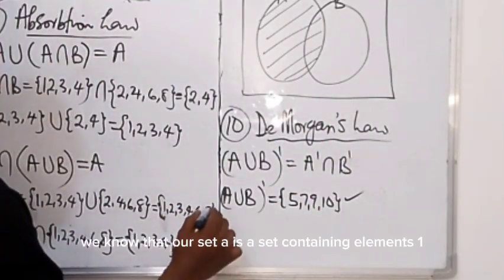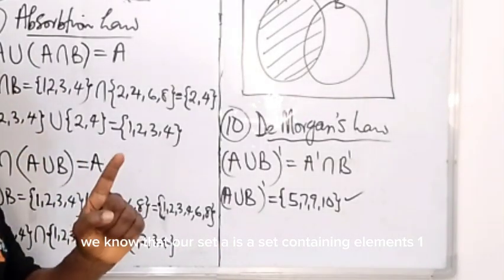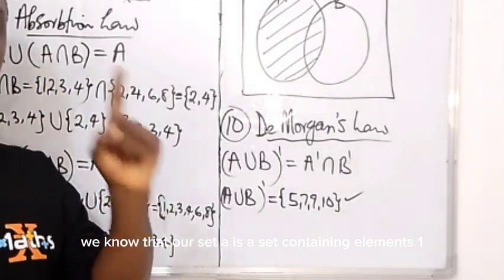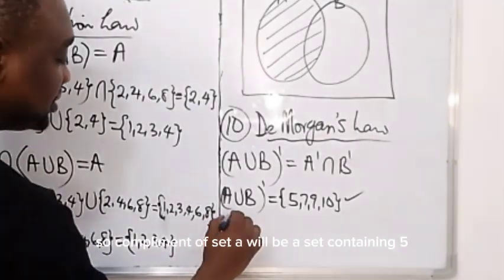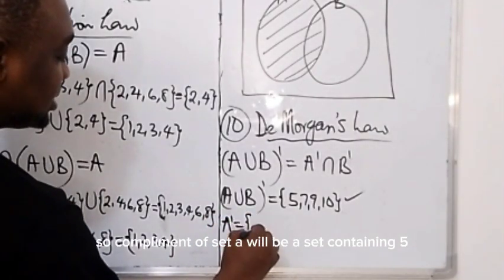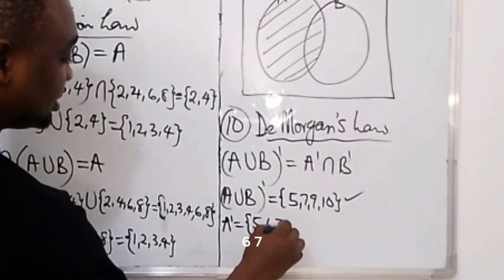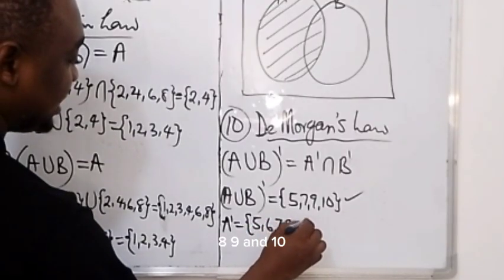So first of all, we know that our set A is a set containing elements 1, 2, 3, 4. All right. So the complement of set A will be a set containing 5, 6, 7, 8, 9, and 10.